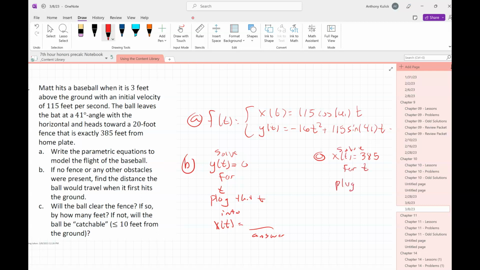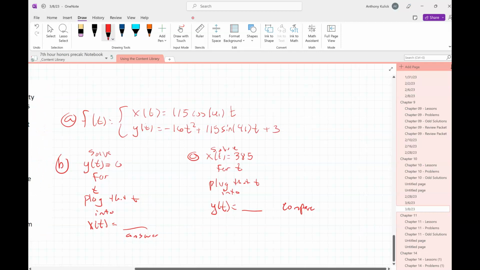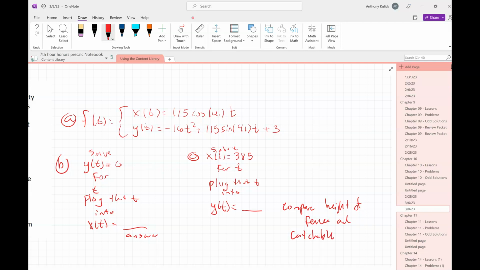And then I'm going to plug that t into y of t and compare that to the height of the fence and catchable, which was 10 feet, I think. So if it's between 10 and the height of the fence, it's not catchable, but it's not a home run. If it's over the fence height, it's a home run. If it's under 10 feet, it was catchable. But that's basically all I'm doing. It's just comparing that number.